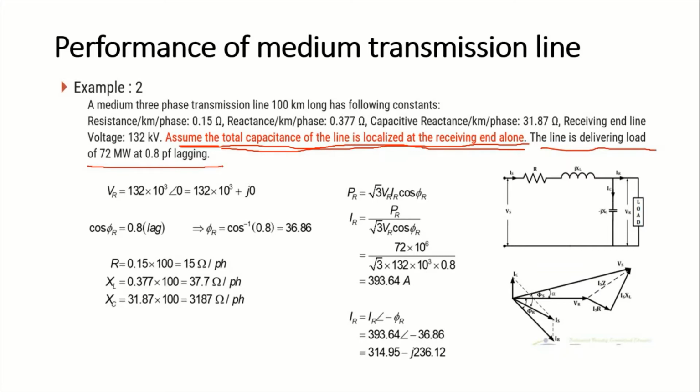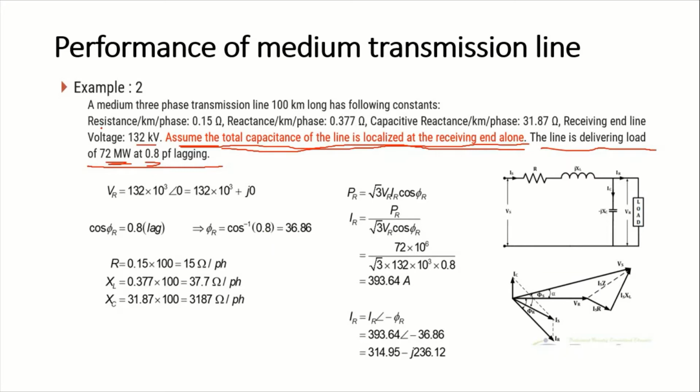The given receiving end voltage is 132 kV, so 132 into 10 raised to 3, angle 0, which in rectangular form is 132 into 10 raised to 3 plus j0. The receiving end power PR is 72 megawatt and the power factor cos phi r is 0.8 lag, so phi r is cos inverse 0.8.